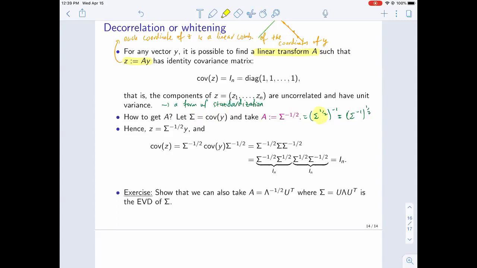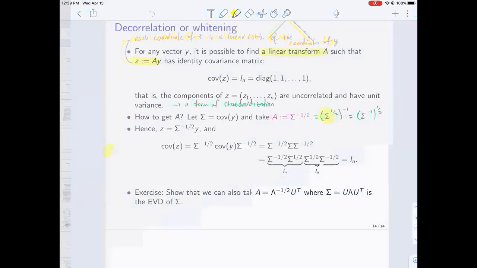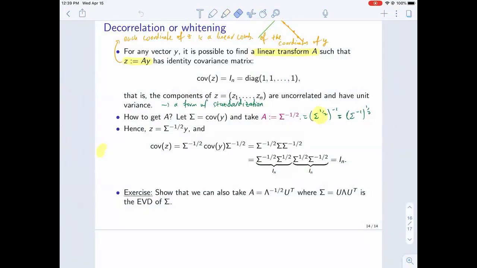Right, that's correct. Sigma 1/2 times sigma 1/2 would be sigma. And this is just taking the inverse of that.